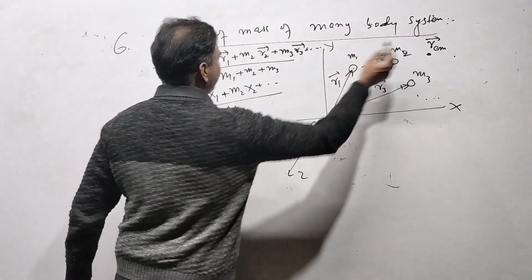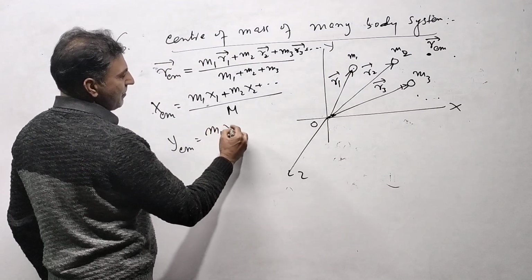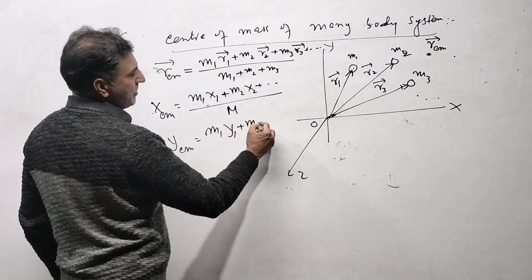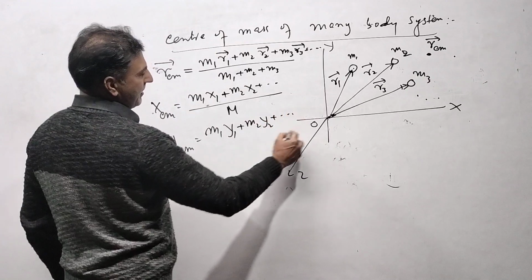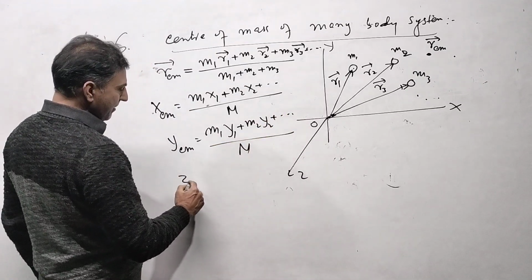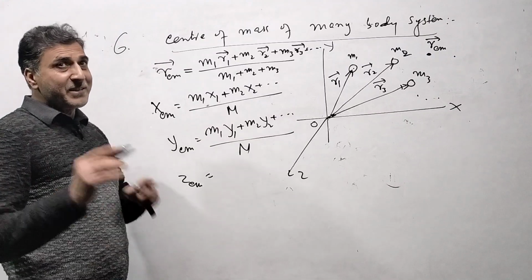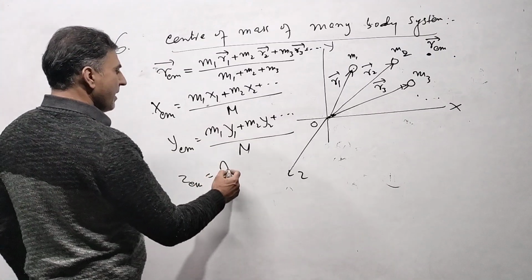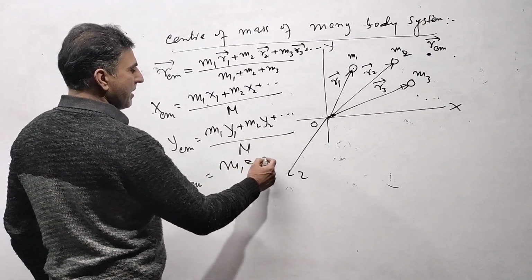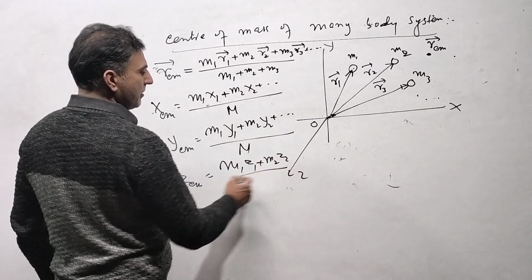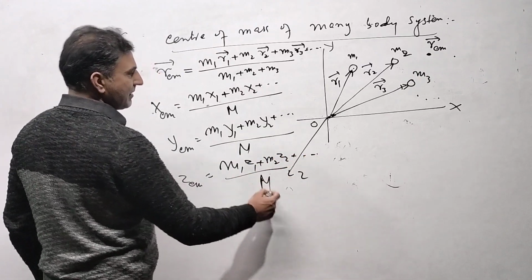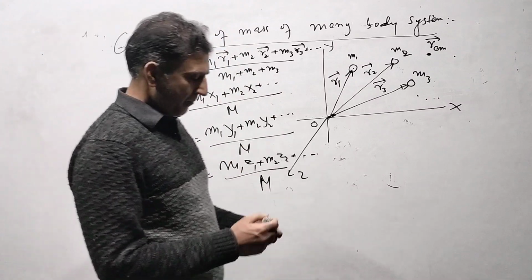M1 y1 plus M2 y2 plus so on divided by total mass. What is ZCM? If the center of mass is in space, then it has 3 coordinates. That will be M1 z1 plus M2 z2 plus so on divided by total mass. This is the rule. That's all.